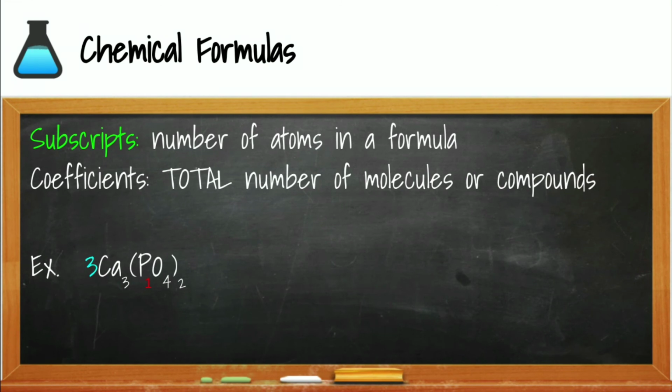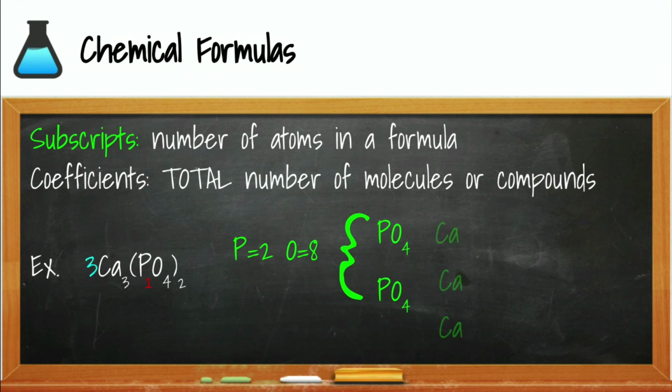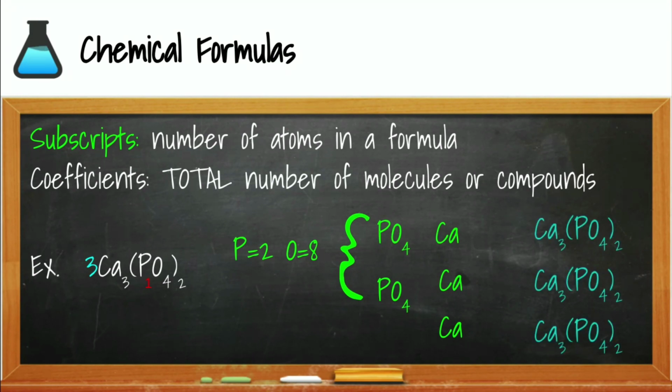So looking at calcium phosphate, you can see that phosphate, the polyatomic ion, is written in parentheses. That means that we actually have 2 phosphate units. 2 phosphates have 2 phosphorus atoms and 8 oxygen atoms. Additionally, there are 3 calciums in each unit of calcium phosphate.